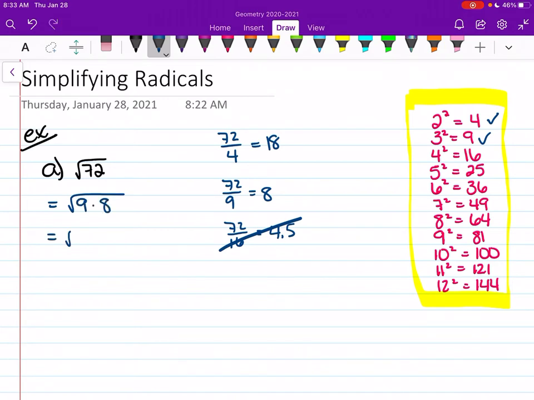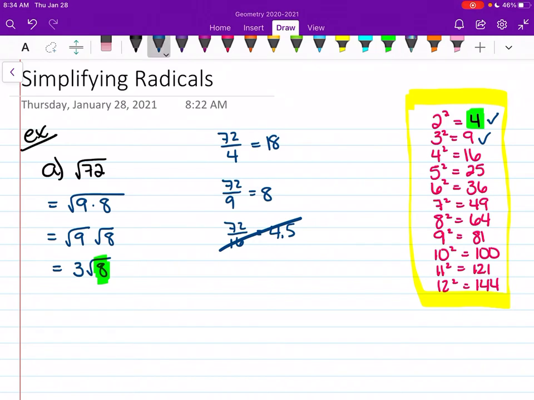And then I can rewrite that as the square root of 9 times the square root of 8. And the square root of 9 is 3, so 3 comes outside of the radical, and then the 8 stays inside the radical, so 3 root 8. But if I look, 8 still has a perfect square factor because 4 goes into 8.